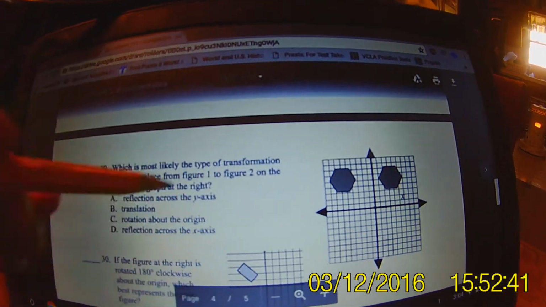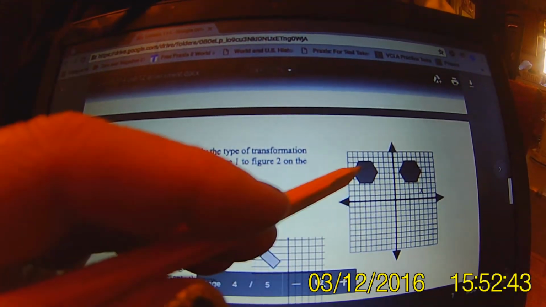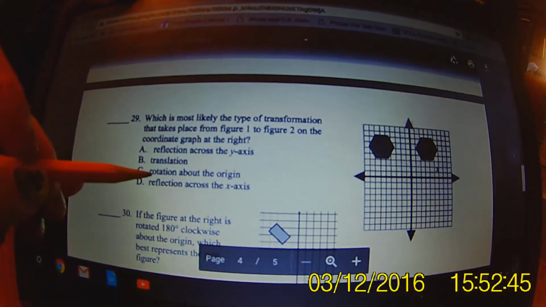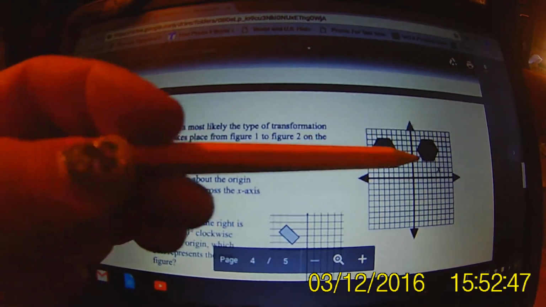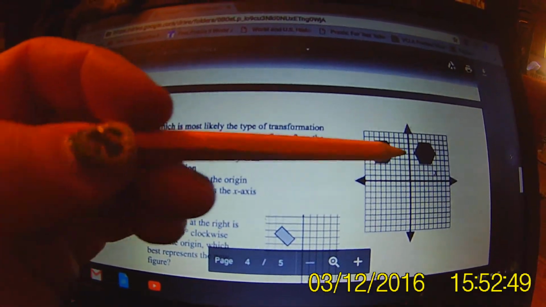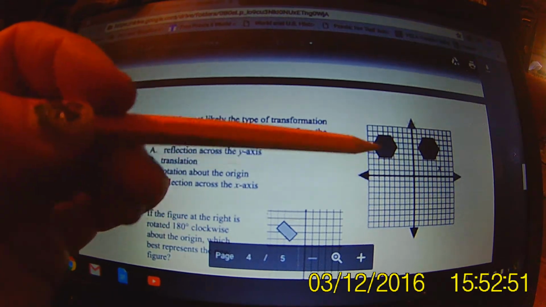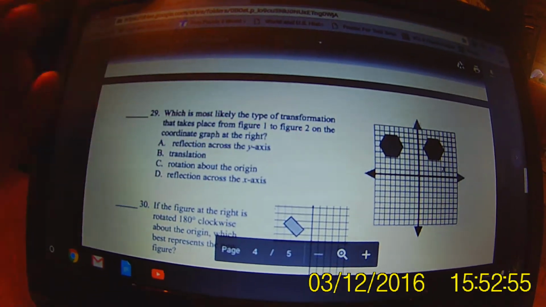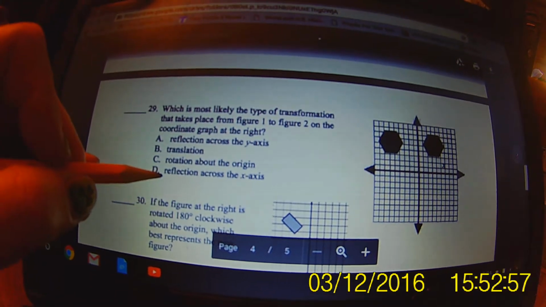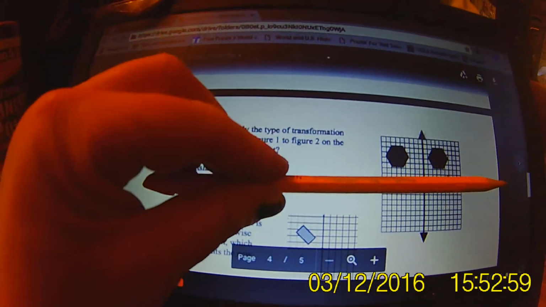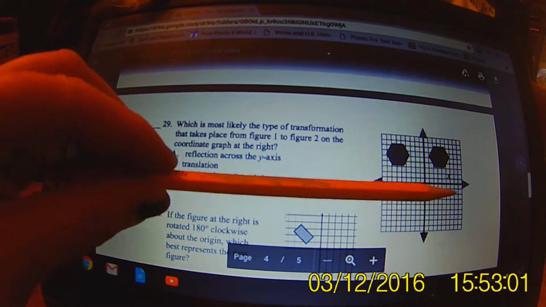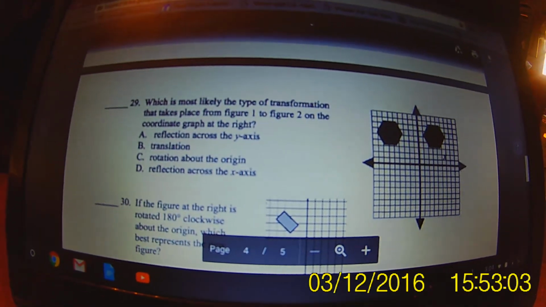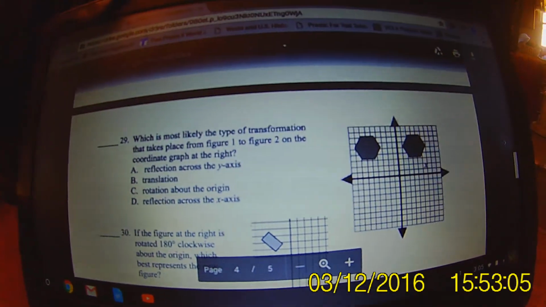Can I slide it? Yes, it looks like I just slid it over into quadrant 2. It's not a rotation about the origin because it would be closer to my x-axis when I rotate. And it cannot be a reflection across the x-axis because here's my x-axis, so it would have been down here had it been that. So B is your only choice.